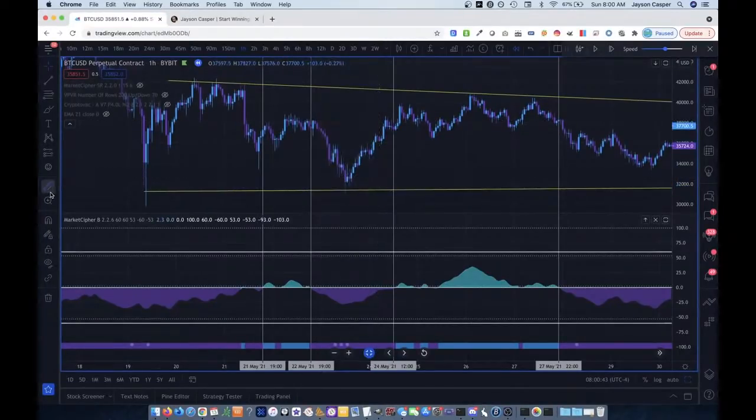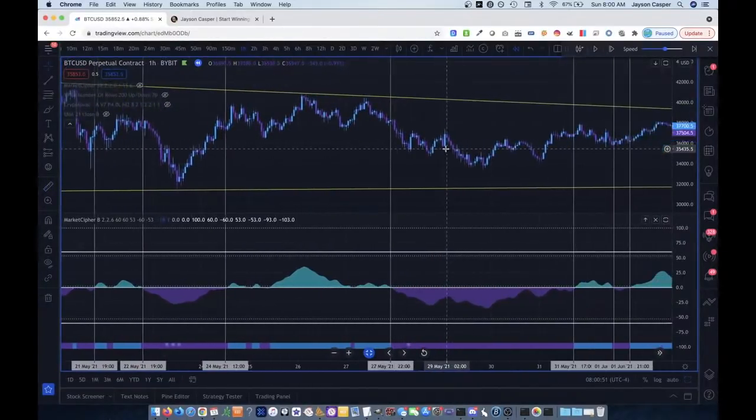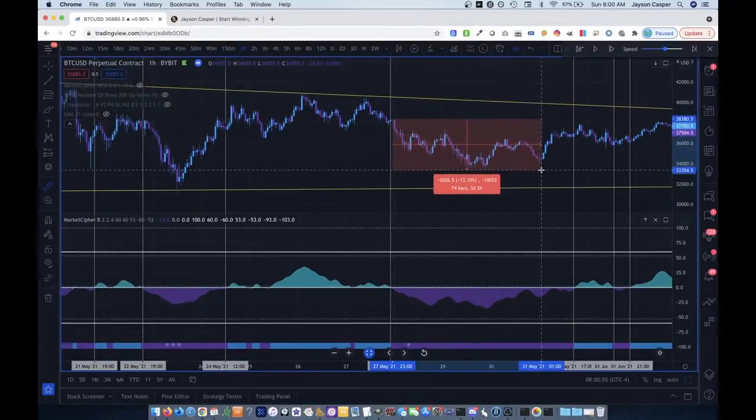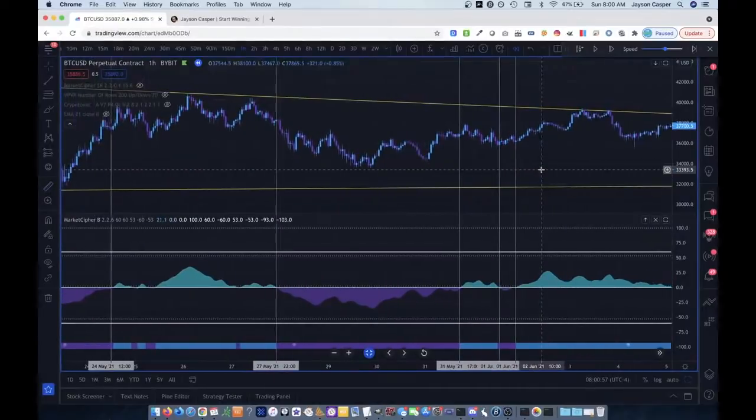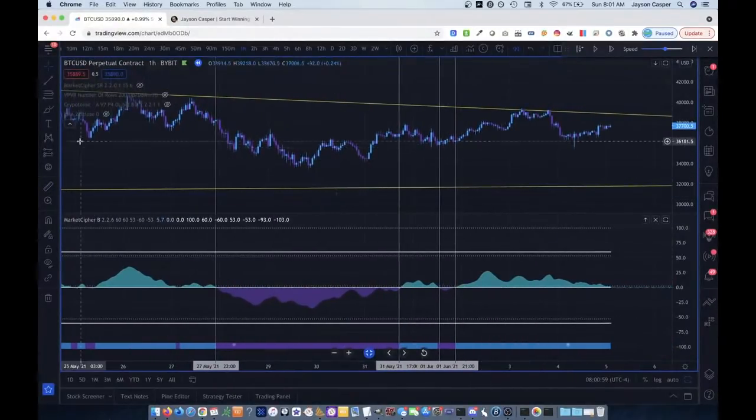And then when we cross from the purple into the blue again, you can see that price goes up 8%. And then when we cross from the blue into the purple again, you can see that price comes down about 13%. We cross from the purple into the blue, and what happens? Price does come up a little bit.